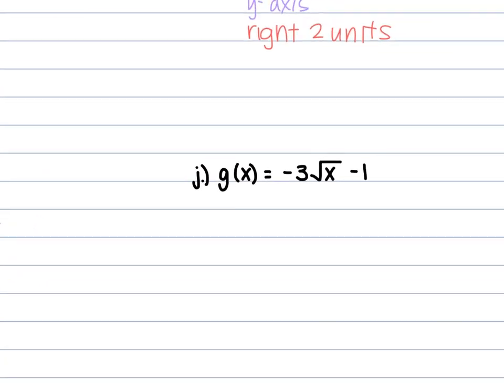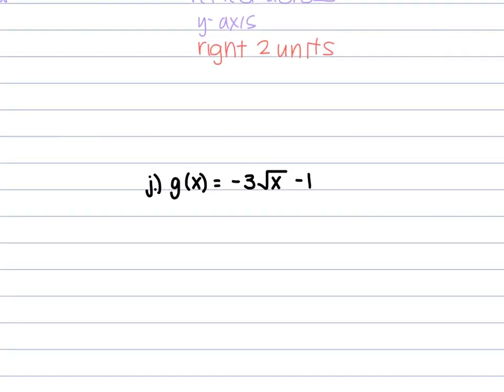For j, we have g of x is equal to negative 3 times the square root of x minus 1. So there's 3 transformations here. The first is that negative on the outside. That means up or down, so it'll reflect across the x-axis.